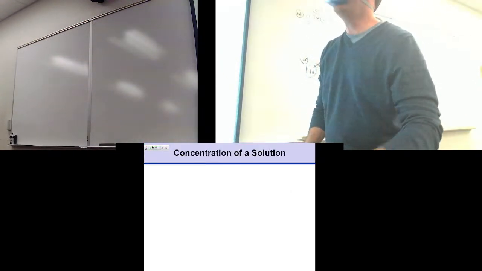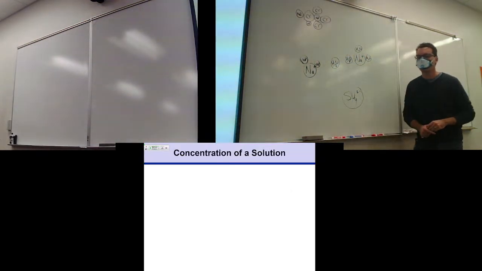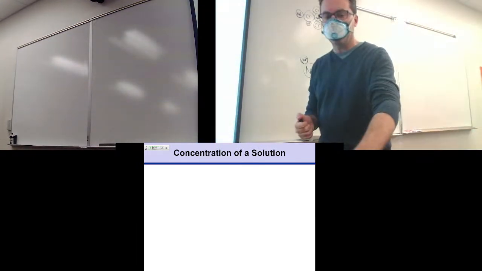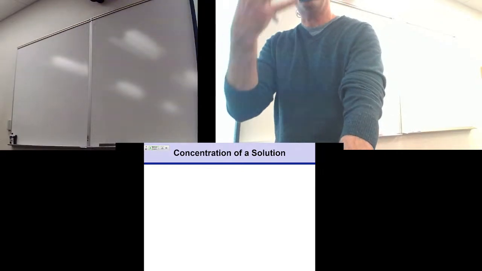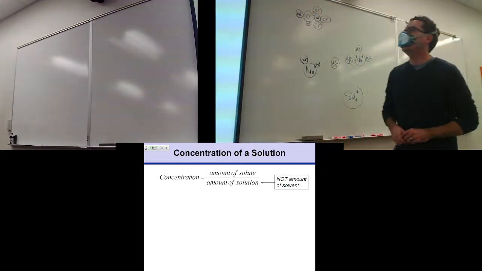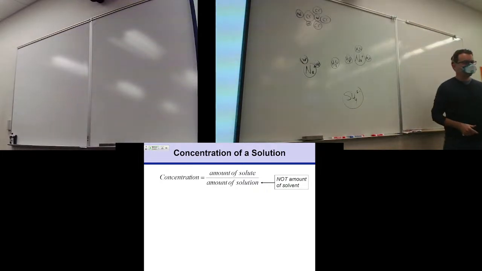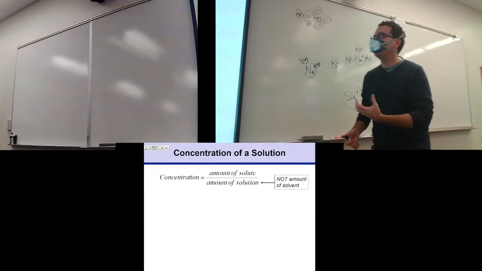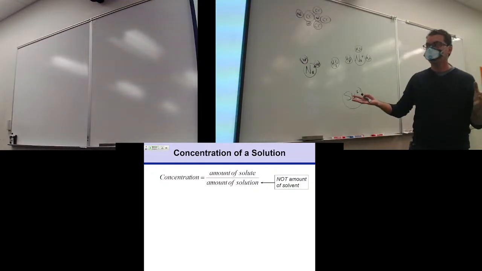So, concentration. When we measure these solutions, there are many, many forms of concentration. This is how much stuff is dissolved in the water, basically. The particular definition of concentration we're going to use is an amount of a solute divided by an amount of solution.